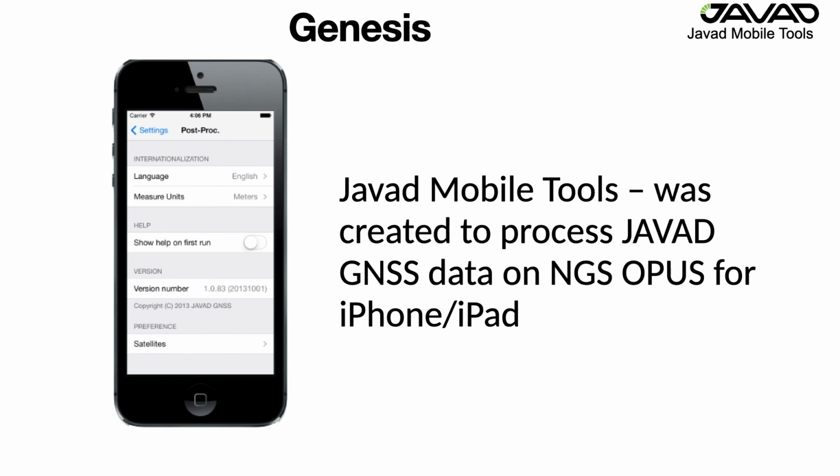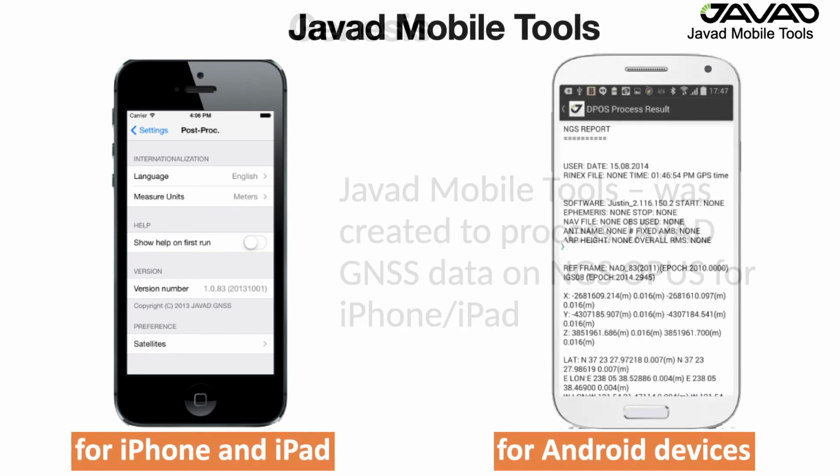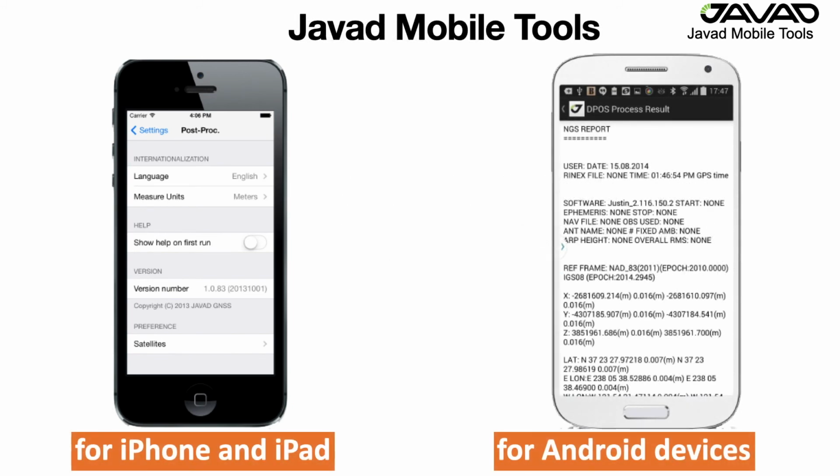Initially, JAVAD Mobile Tools was created in 2013 as a tool to process data on the NGS OPUS server for Apple iPhones and iPads. Then, a year later, the Android version appeared. Now there are two versions of JAVAD Mobile Tools, a version for iPhone and iPad and a version for Android devices. The versions can be treated as separate programs; they are purchased separately.